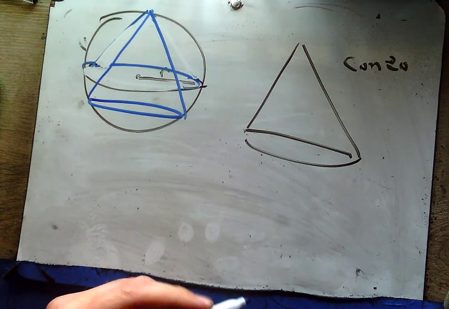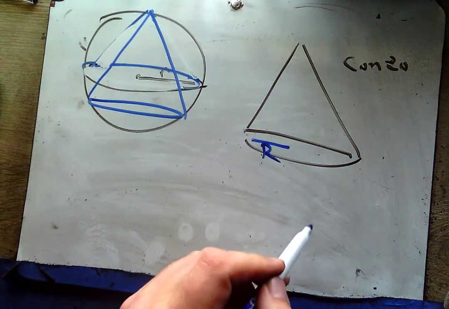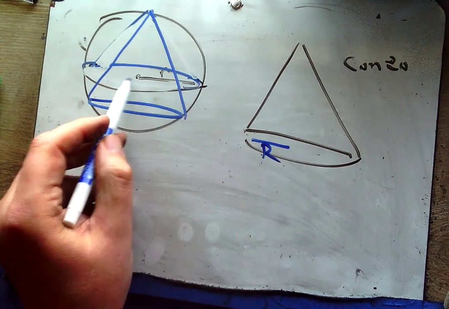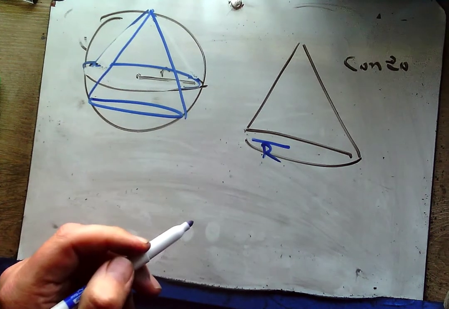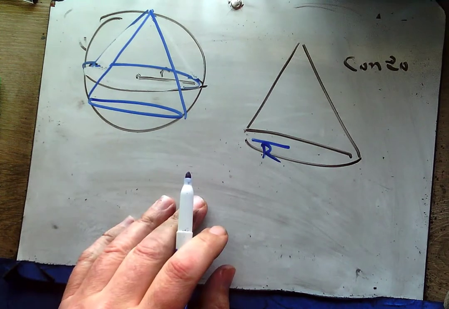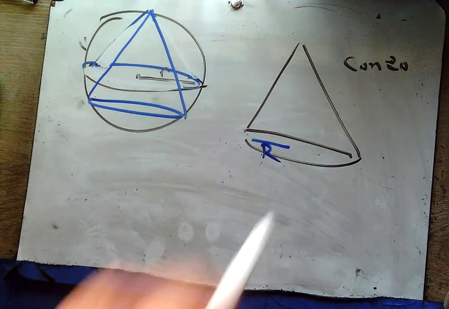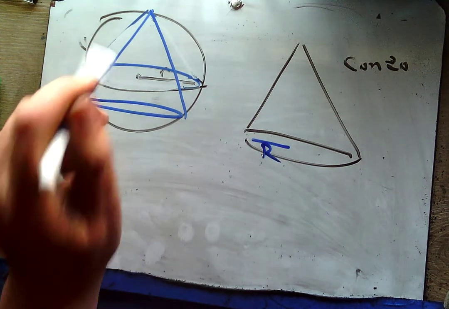Yep, that's my Conio. So the radius of the cone's base is not necessarily the same as the radius of the sphere. Maybe they are. So what am I trying to do? I'm trying to maximize volume. The biggest Conio that can fit inside of there.